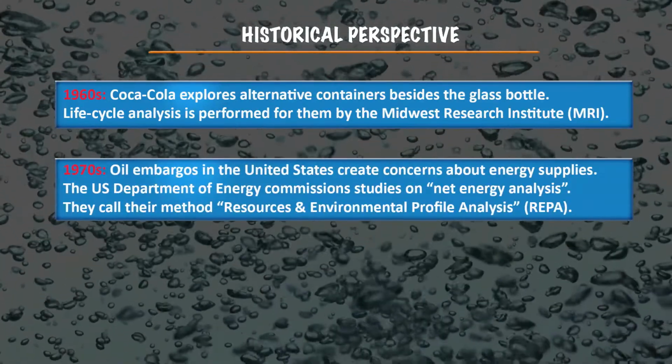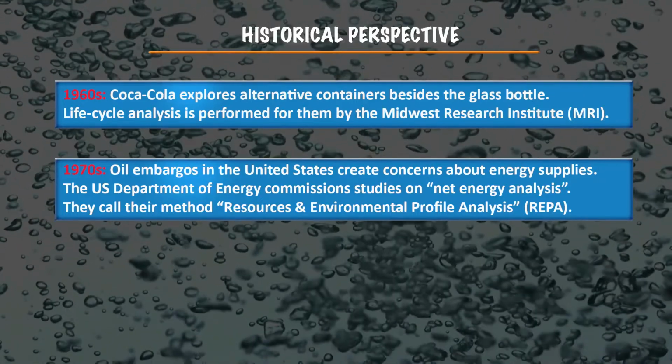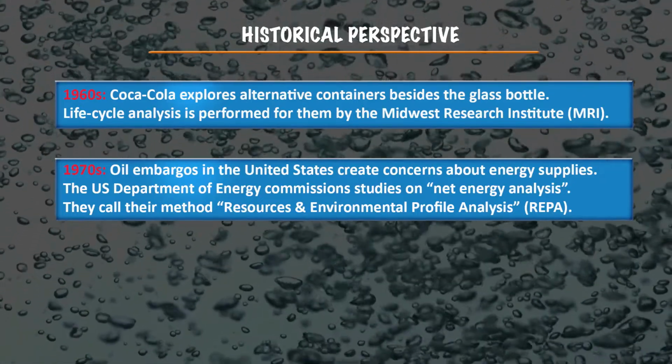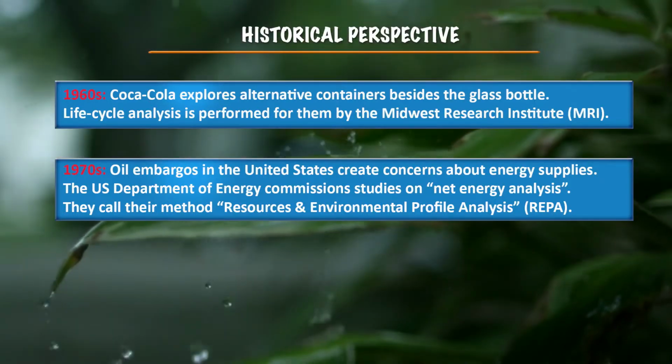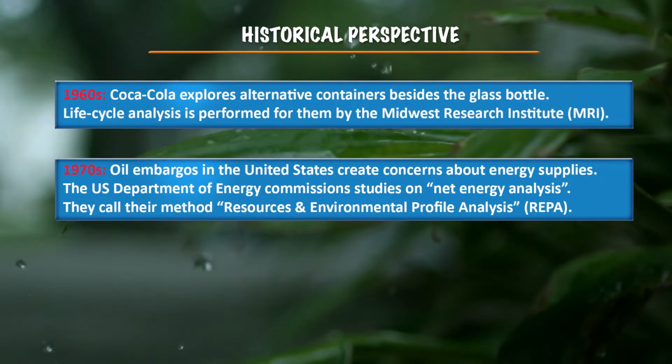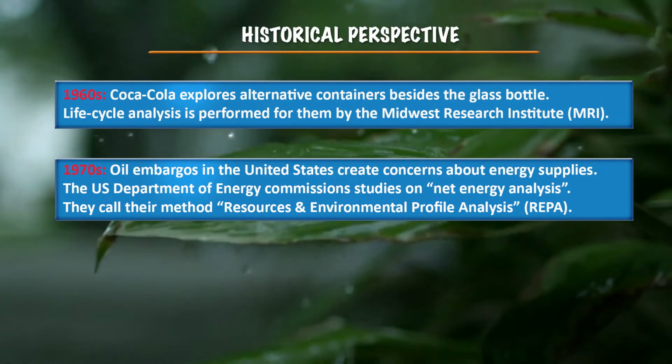In 1970, oil embargoes in the United States created a concern about energy supplies, so the US Department of Energy commissioned studies on net energy analysis. They also called their method resources and environmental profile analysis, REPA.